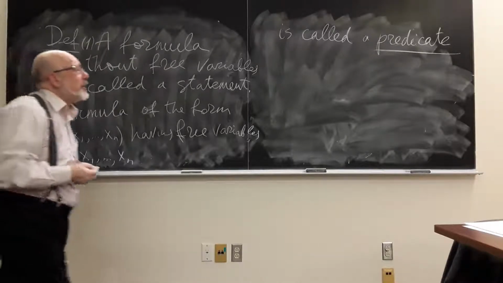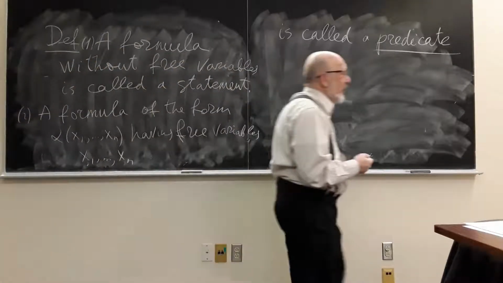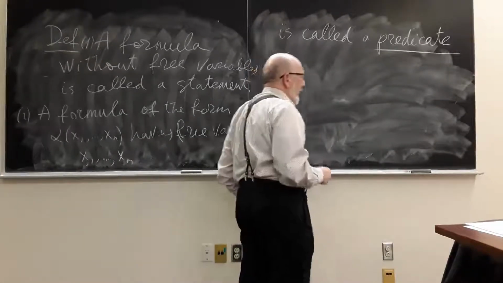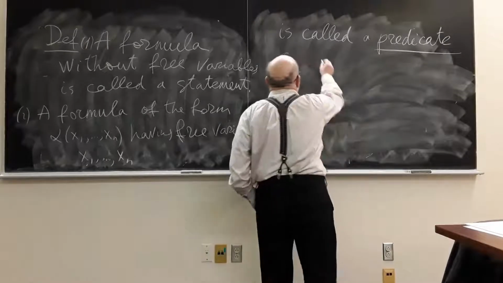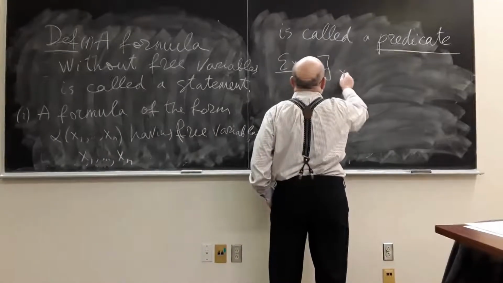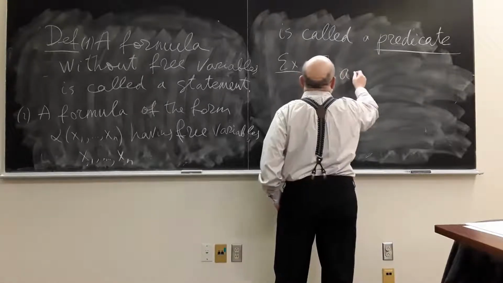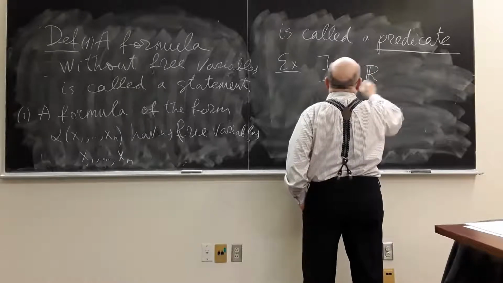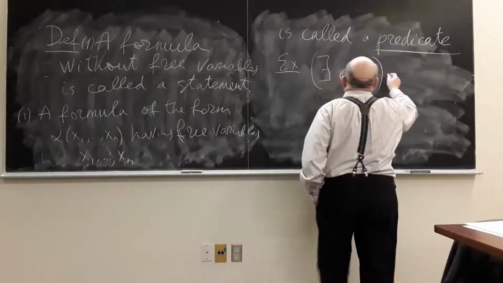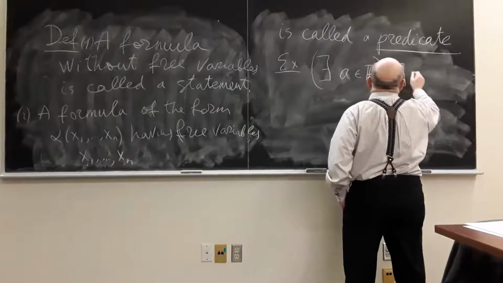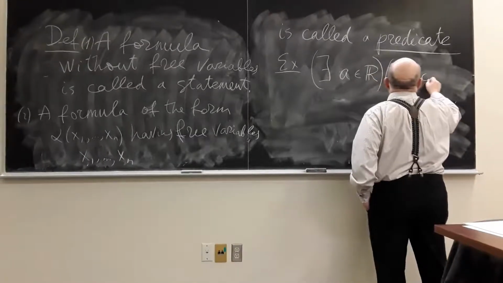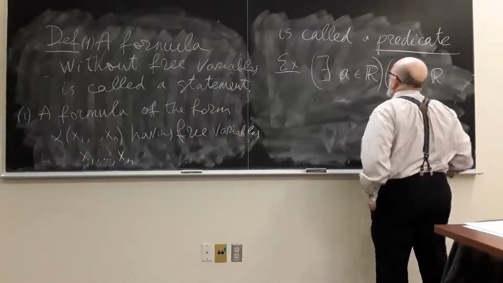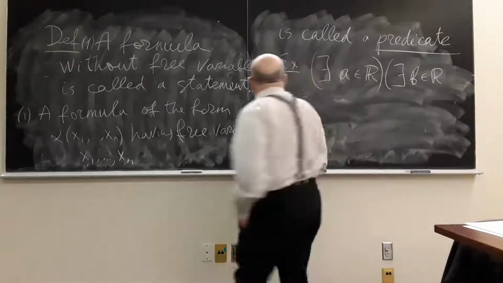Now, let us consider examples of statement and predicate. Example of statement. There exists A in R, there exists B in R. These are the names.